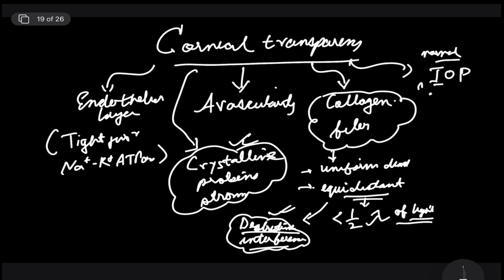They also add to the corneal transparency. Also the crystalline proteins within the stroma add to the corneal transparency. How? Crystalline proteins in the stroma actually reduce the backscattering of light. Okay. So these are all the different ways by which corneal transparency is maintained.